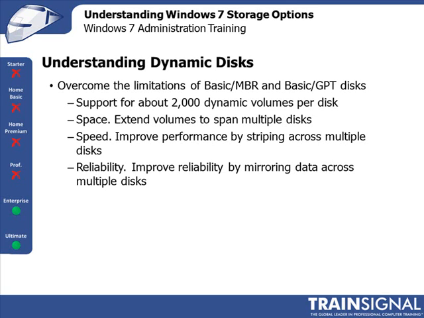You can mirror their disks, that is, basically make a copy of one disk and plop it on another, and you'll have 2 copies of this data always sitting around, always being maintained, so that if something does happen, they can recover very quickly by going over to the mirrored copy of the data. These are some of the real benefits to dynamic disks, and they're huge. And we're going to be doing some demonstrations of this in just a few minutes so you can get a better understanding of exactly how all of this works.